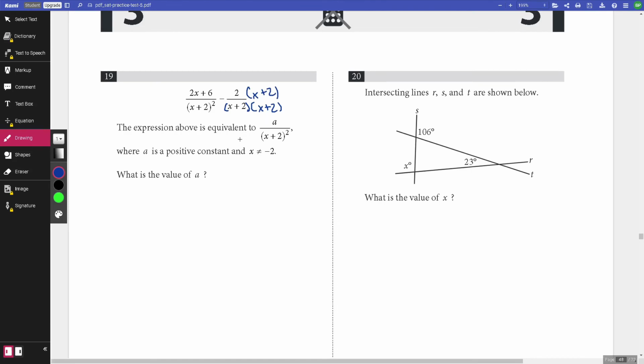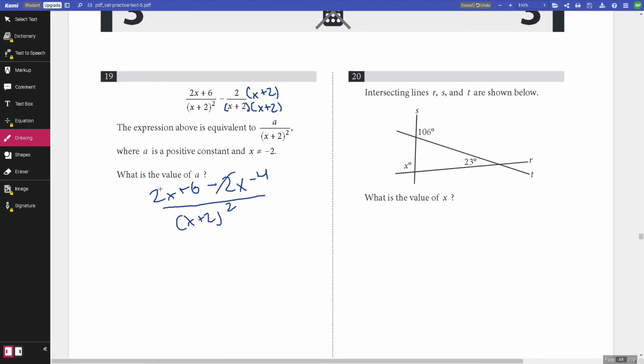So now you have 2x plus 6, minus, because it's a negative 2, minus 2x minus 4, all over (x plus 2) squared. As you can see, these cancel out, and 6 minus 4 is equal to 2, and that corresponds to a, so that's your answer, 2.